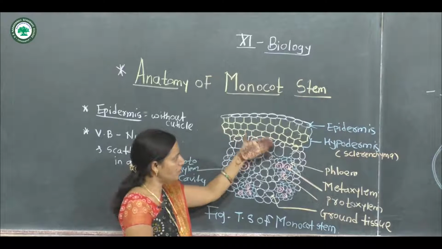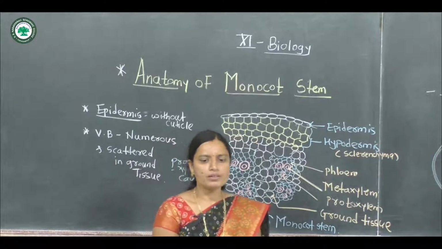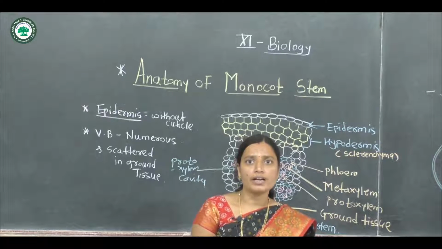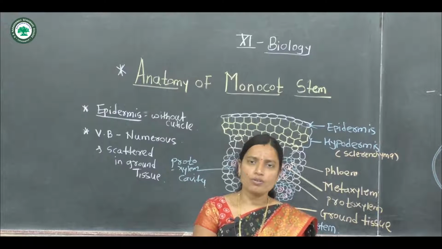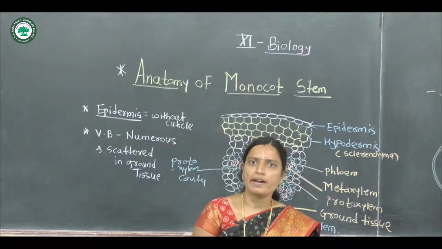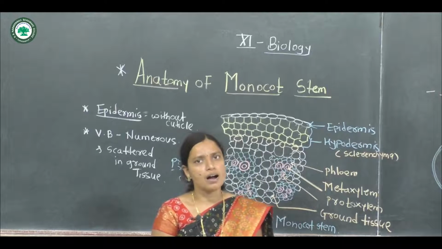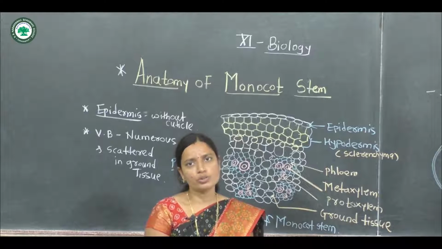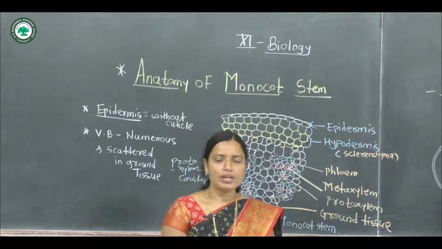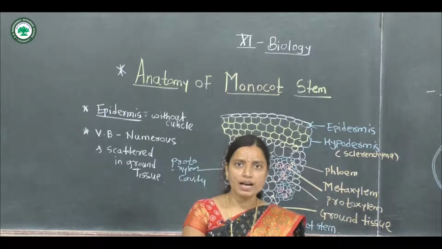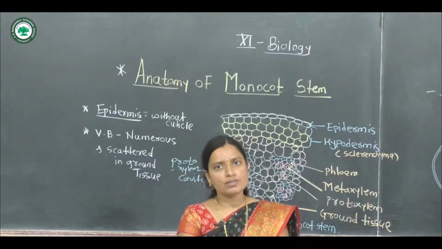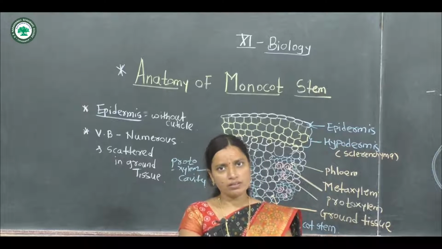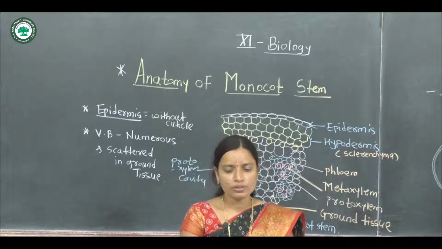Below it is the hypodermis, which has sclerenchymatous cells or tissues. Sclerenchyma is hard bast, a dead tissue found in the hypodermis region, and the vascular bundles are numerous and scattered in the ground tissue.